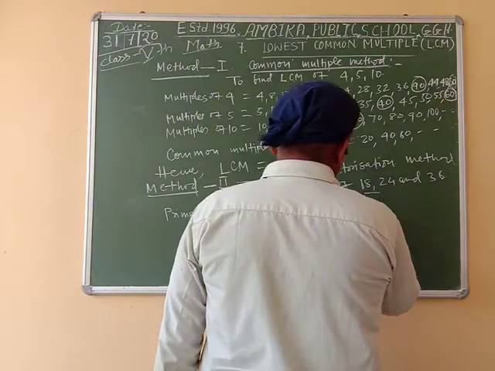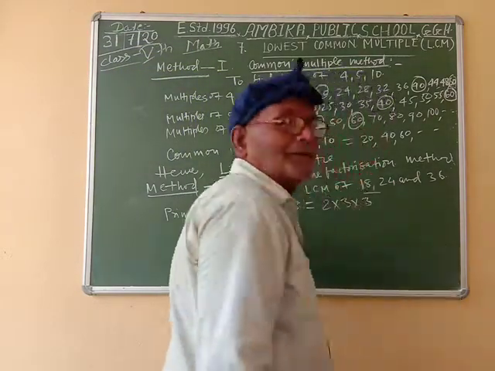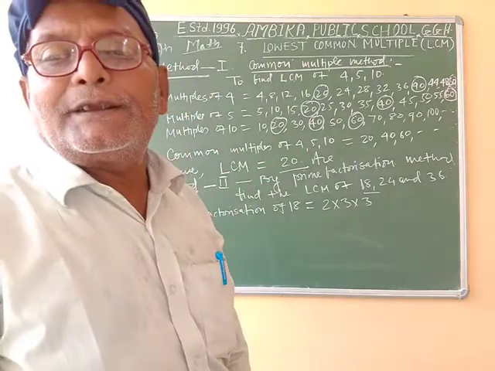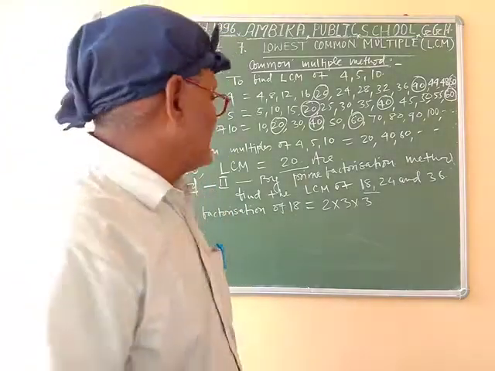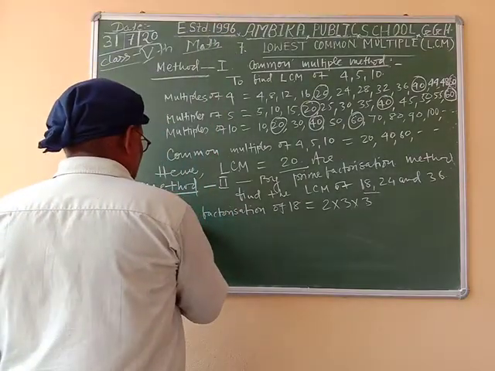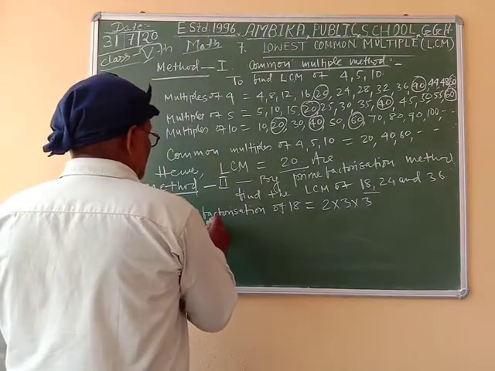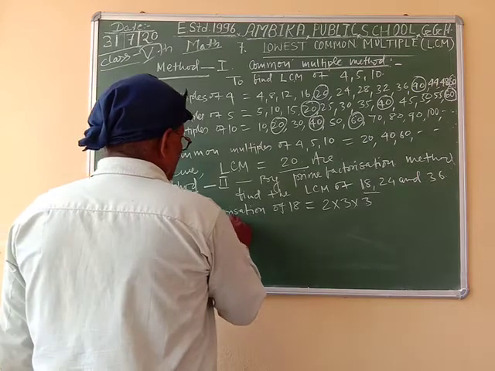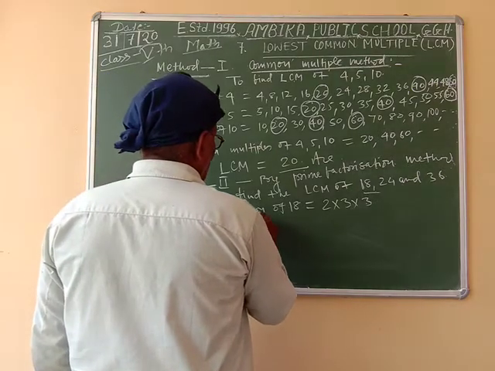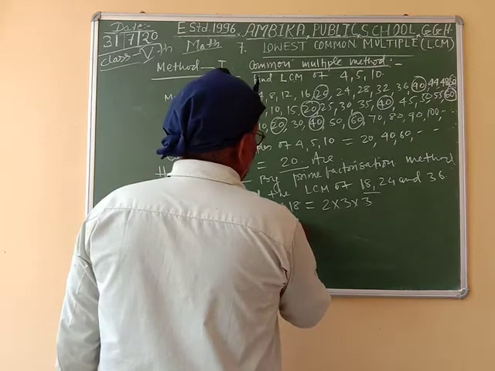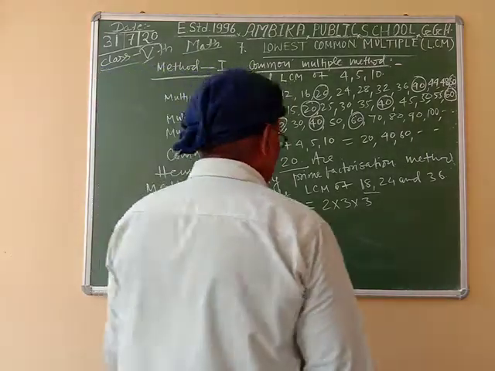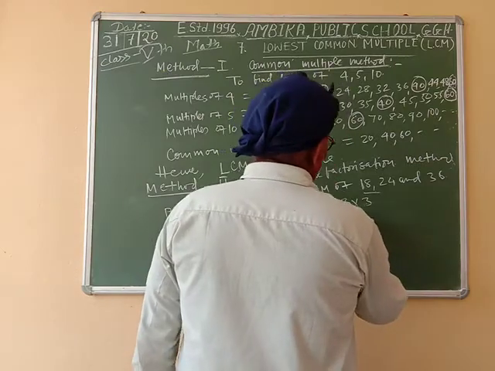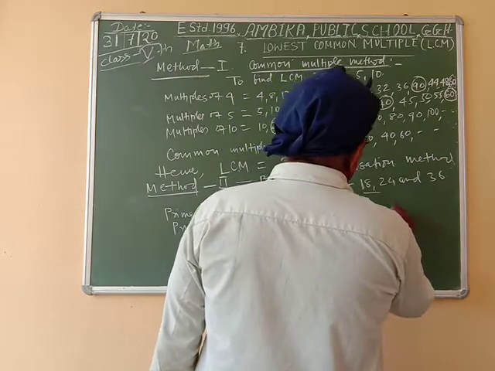Prime factorization of 24 is equal to 2 into 2 into 2 into 3.